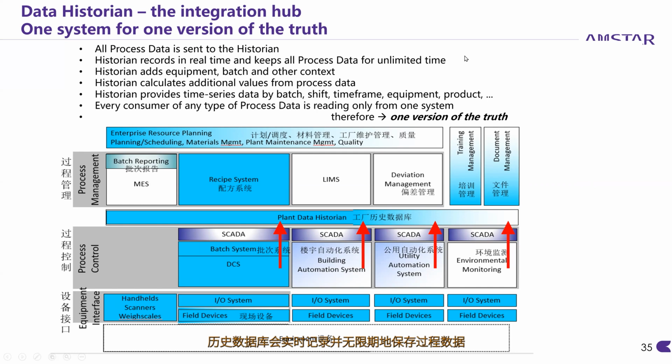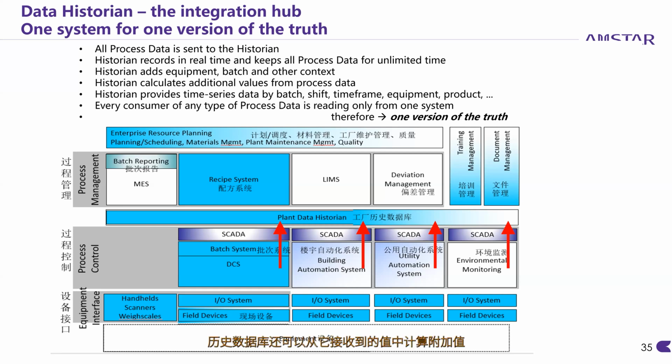Historians, here technology, also digital transformation, has helped us in providing ever bigger and bigger space for data storage. In addition, the data historian adds context to the data coming here, like in which equipment, which batch number was running, and other things.